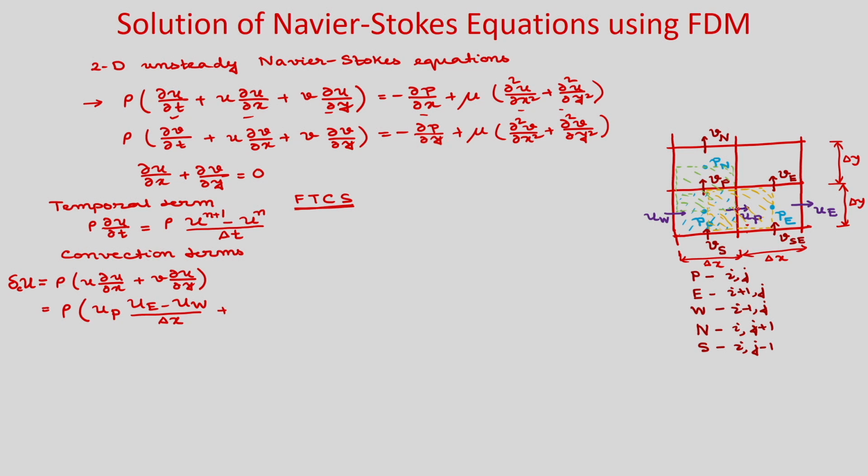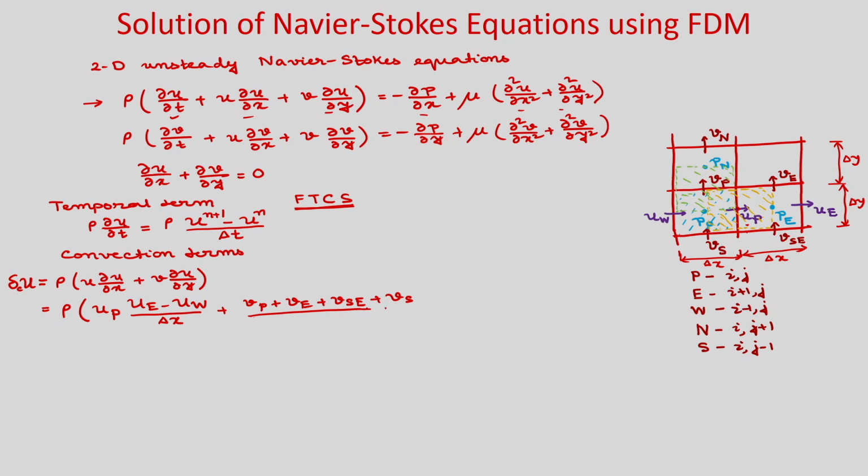So, V you interpolate at this center for the UP cell as VP plus VE plus VS plus VAC divided by 4. So, now we are interpolating V at the P as VP plus VE plus VAC plus VS divided by 4.